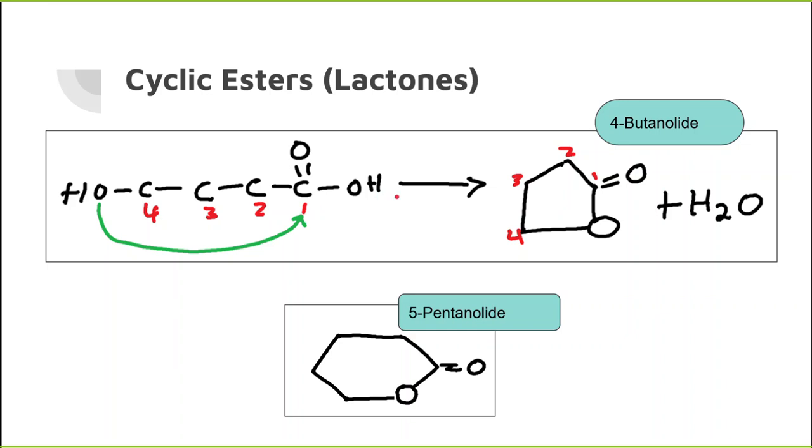But it wouldn't be an ester then, right? If it was in here, you still have C double bond O. Oh, yeah, I guess it wouldn't be an olide anymore. Yeah, but this is the naming convention, to designate that. They want you to put it in. Okay, that's fine. And then here's 5-pentanolide. So again, you're going all the way around here with your 5 carbons, and then this is attached to this 5th carbon.